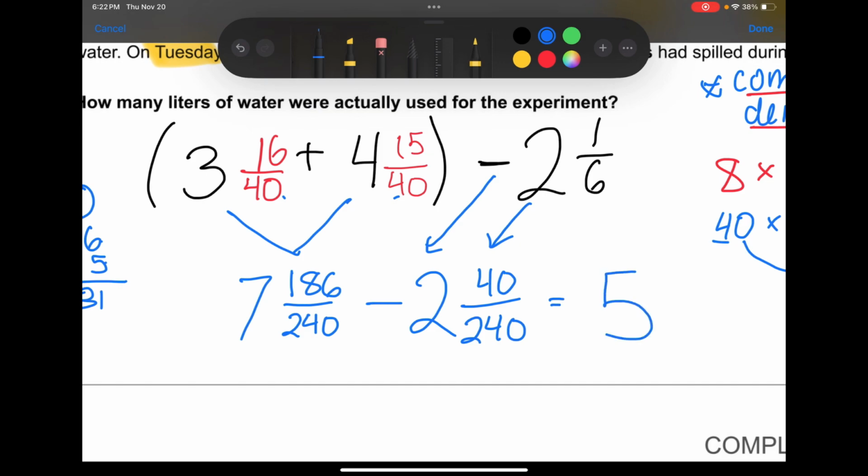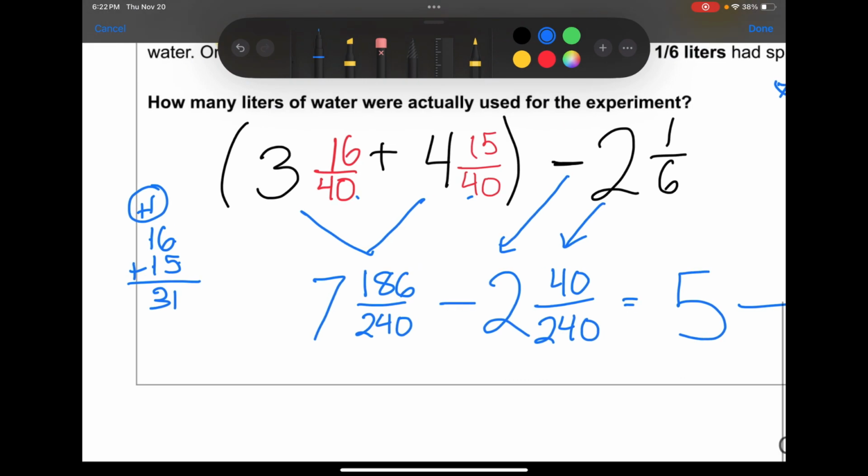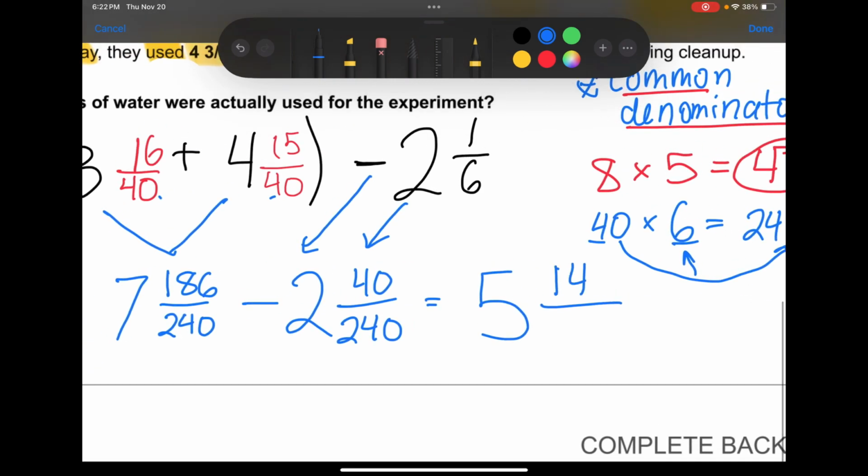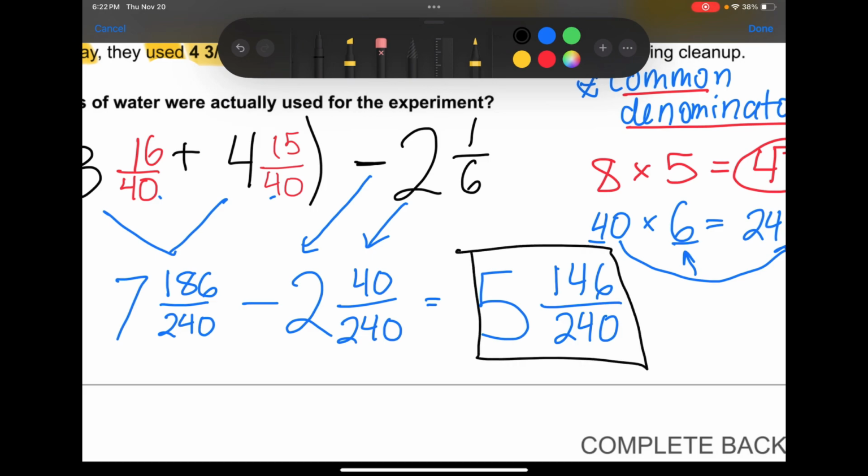And 186 minus 40 is, let's do some mini math. 186 minus 40, 6 minus 0 is 6. 18 minus 4 is 14. 146 over 240.